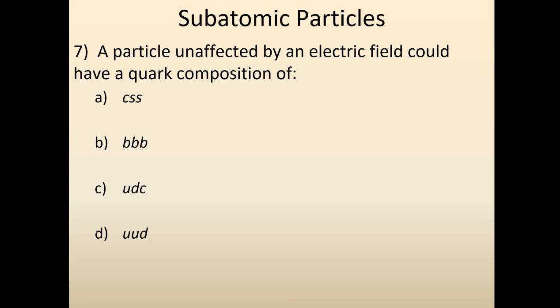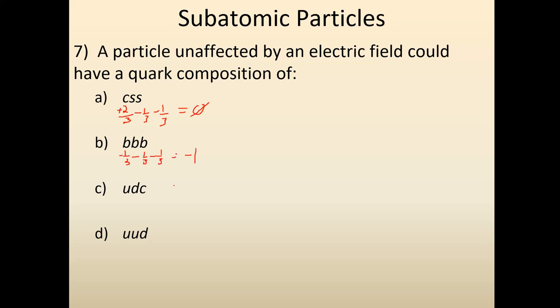All right, so they want to know which particle would be unaffected by an electric field. So what we want to do is, even without reading what this actual question is asking, let's just figure out what the charge is. So charm, strange, strange, that's +2/3, minus 1/3, minus 1/3. This has a total charge of 0. Bottom, bottom, bottom, that's minus 1/3, minus 1/3, minus 1/3.